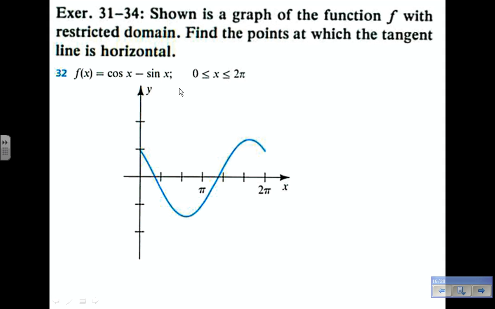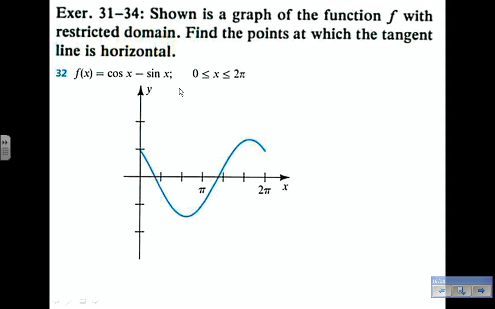How do you find where the tangent line equals 0? Chase. It says, find the points at which the tangent line is horizontal. F prime of a is the tangent slope. How do you find the points? Set it equal to 0.